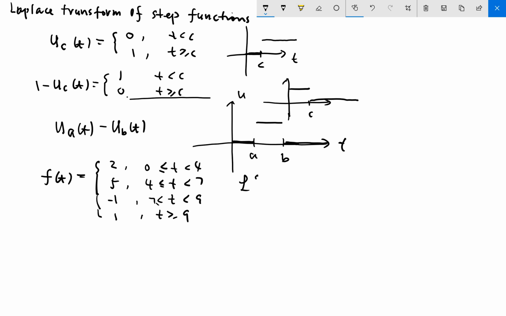Our goal is to find this. So we don't want the full piecewise expression for f(t).